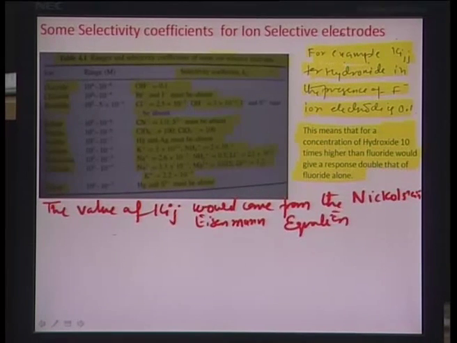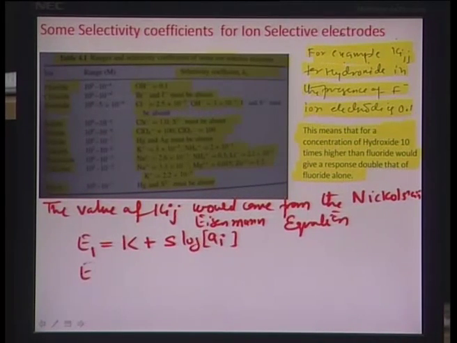So let us suppose we have a certain ion of interest I for which the EMF has been measured using the Nernstian equation as E1 is equal to K plus Nernstian slope S times log of activity of the primary ion AI.